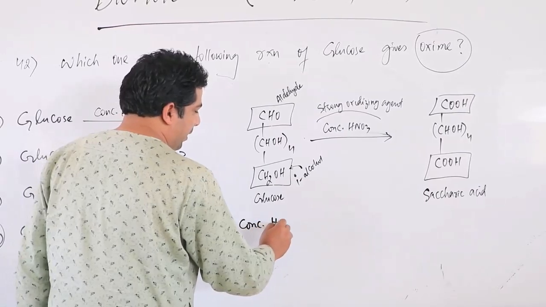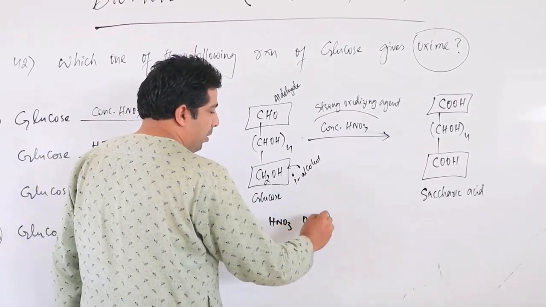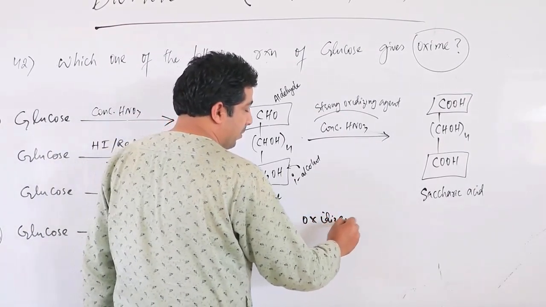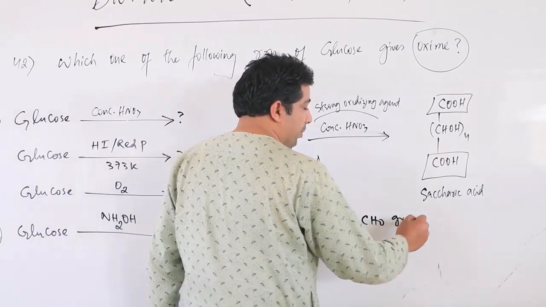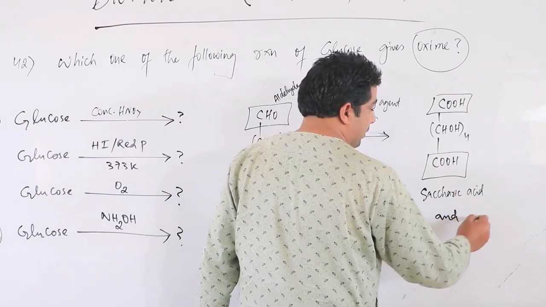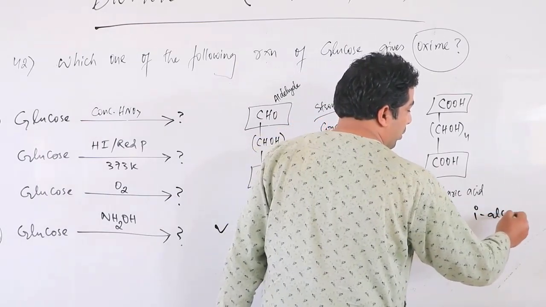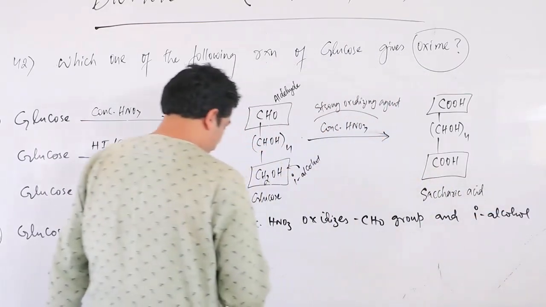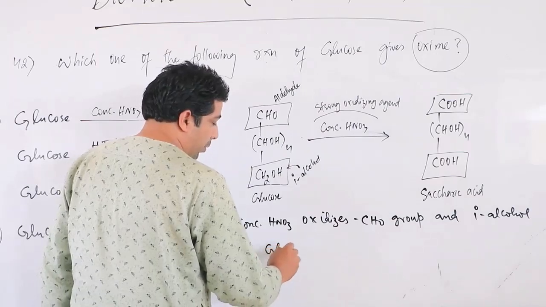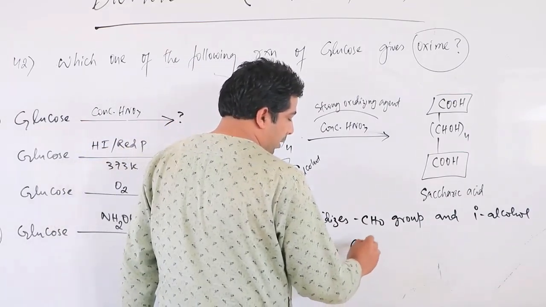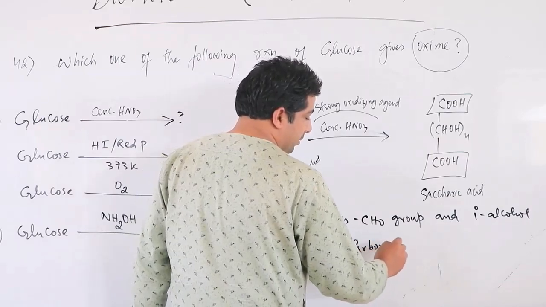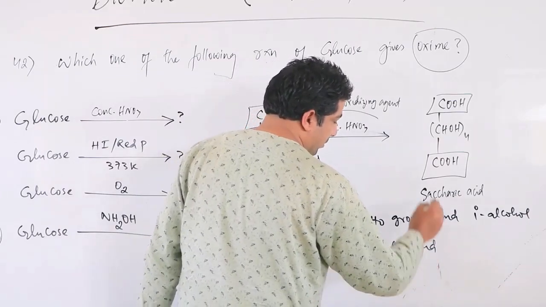Concentrated nitric acid oxidizes the aldehyde group and primary alcohol of glucose into carboxylic acid.